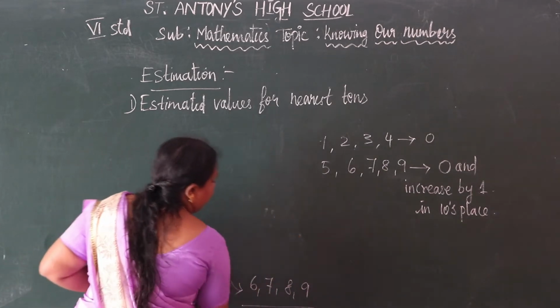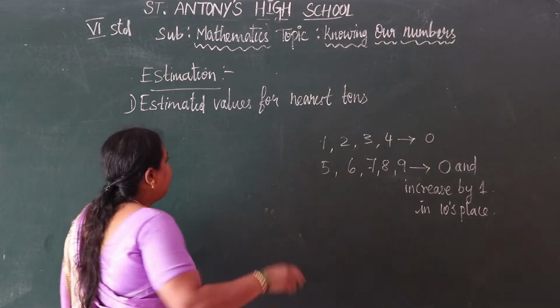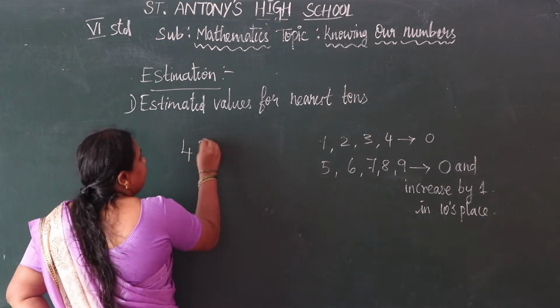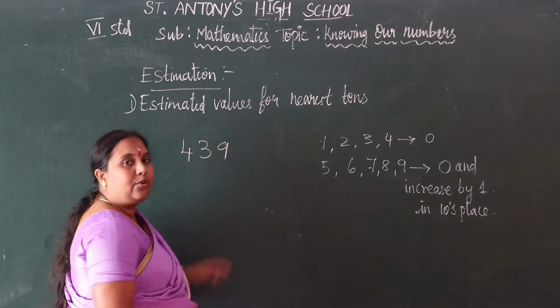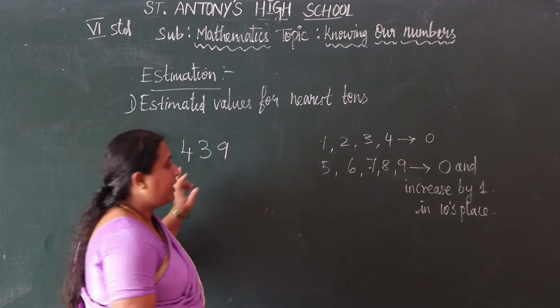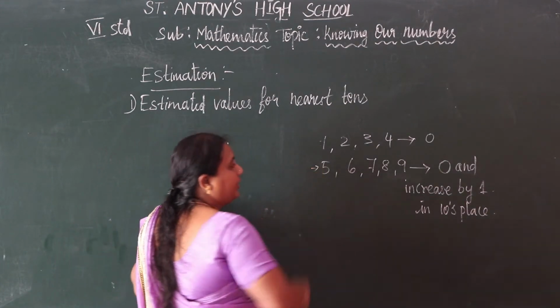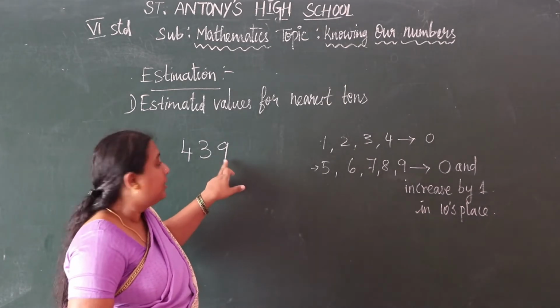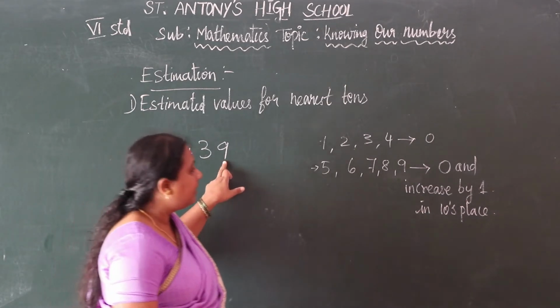See the example, I am taking 439. This comes under the second rule. Why? Because in the units place there is a 9.